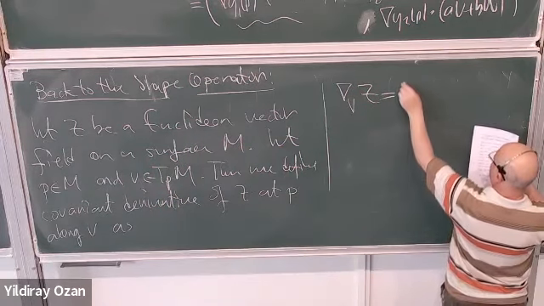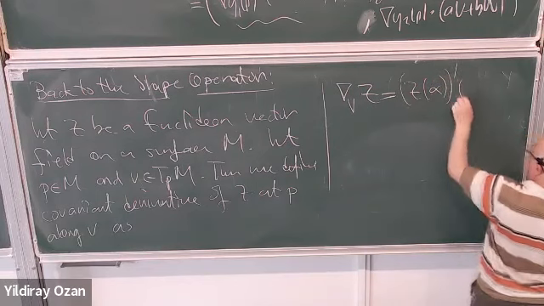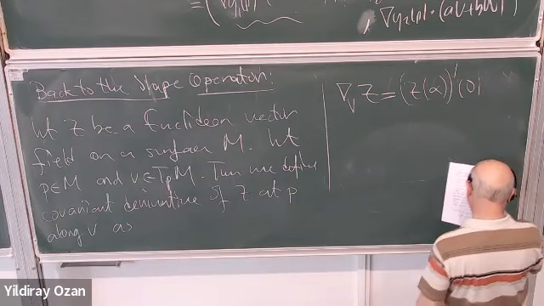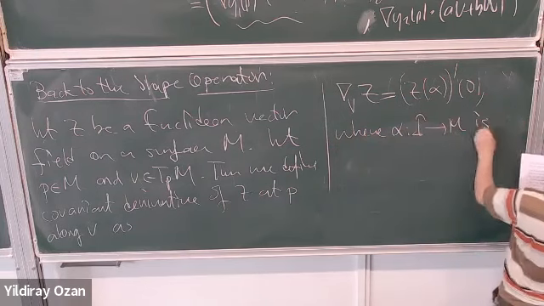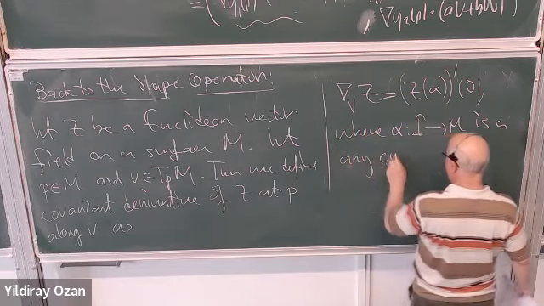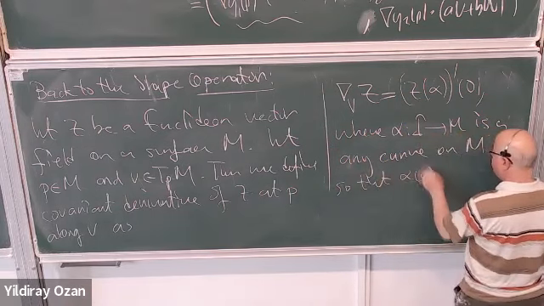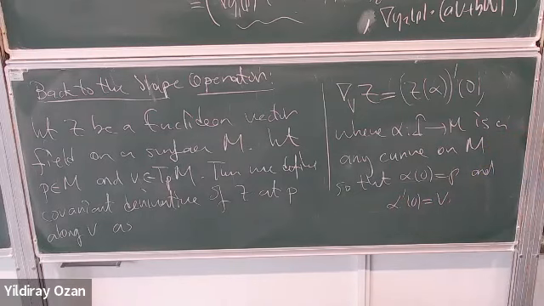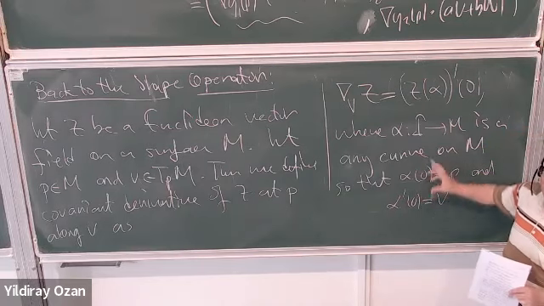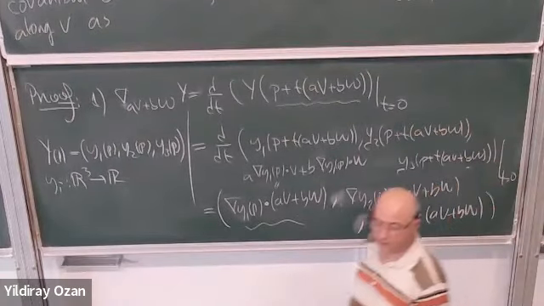So Z of alpha, derivative of this evaluated at 0, where alpha is any curve on M, so that alpha 0 is equal to P and alpha prime is equal to V. Well, this covariant derivative looks a little bit different than what we have just defined in the last hour. But let's see that they are actually the same thing, okay?